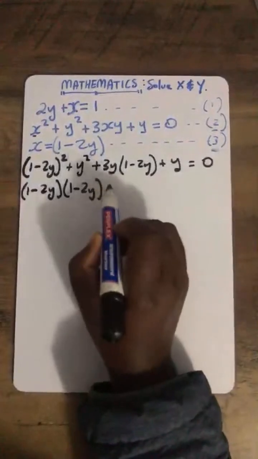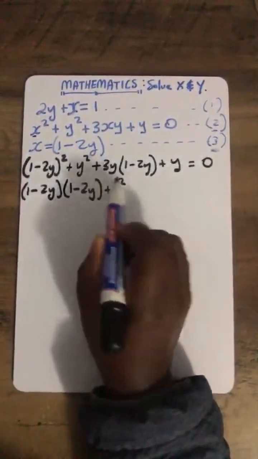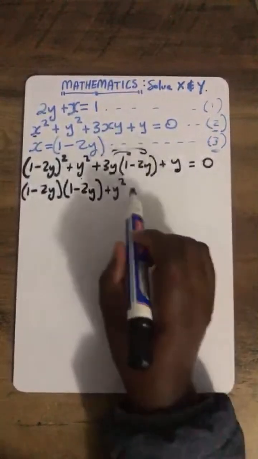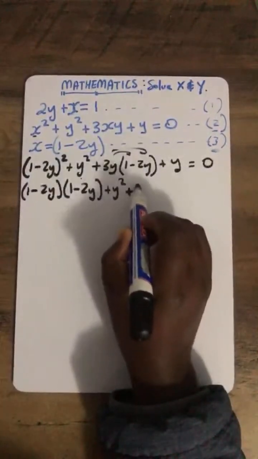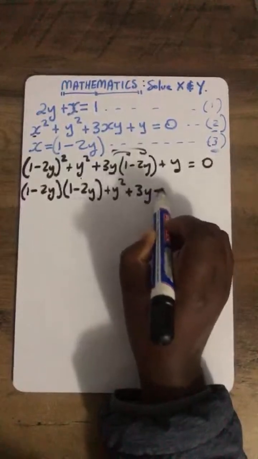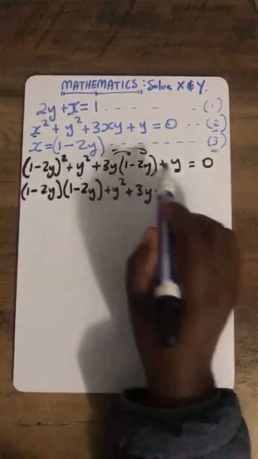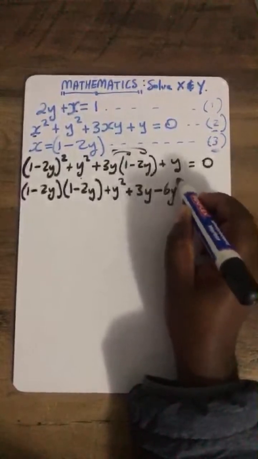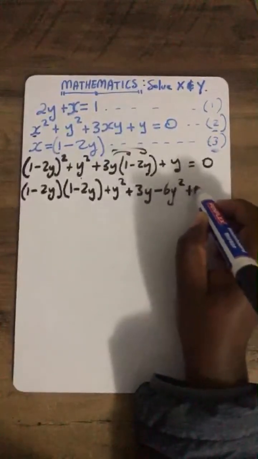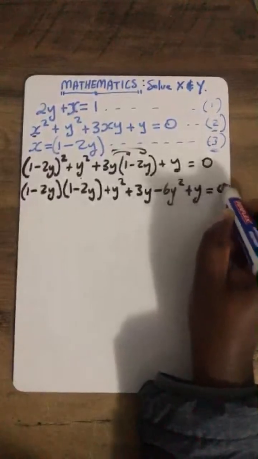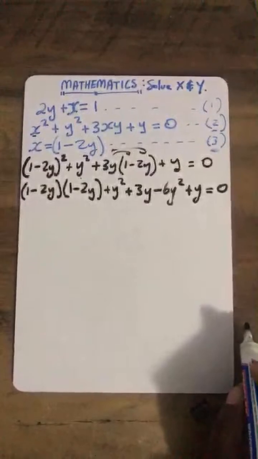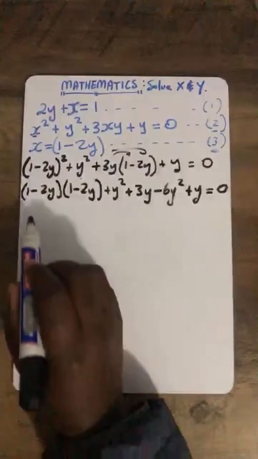Obviously, I still have that plus y squared, and then that by that, that by that. So we've got plus 3y minus, obviously 3 times 2, that is 6y squared, plus y, and then all of this equals 0.